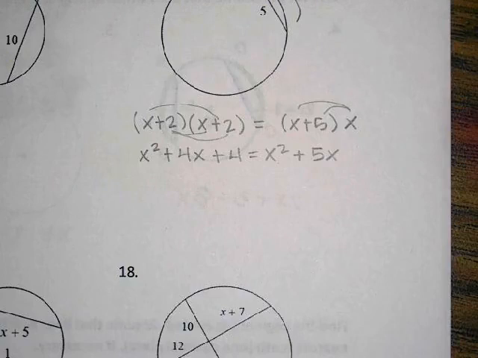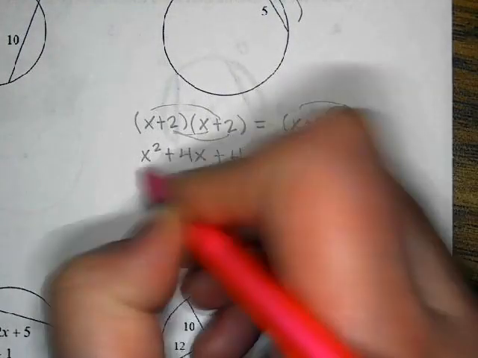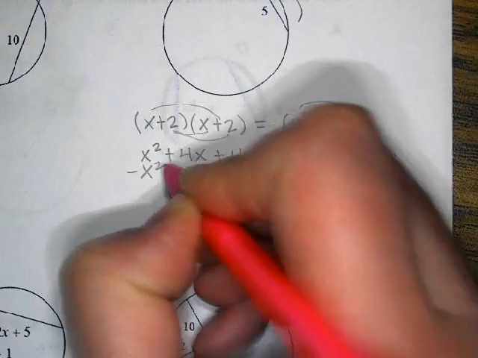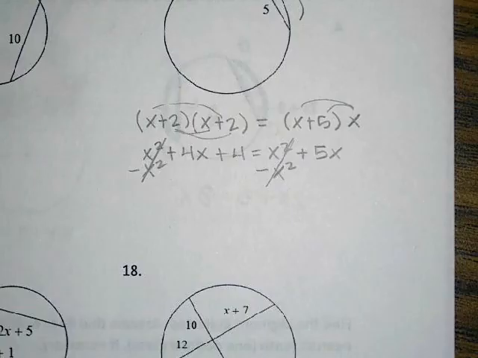But if you start trying to get stuff to one side to make it equal 0, your x squareds actually completely cancel, and you end up with just a regular equation. It ends up not being a quadratic any longer. So that works out really nicely. So now we've got 4x plus 4 equals 5x, and then it's easy to solve from there.